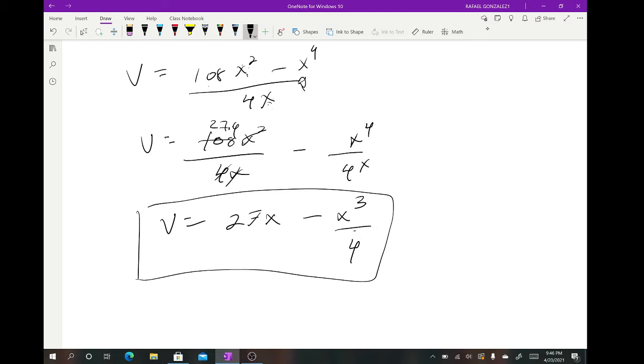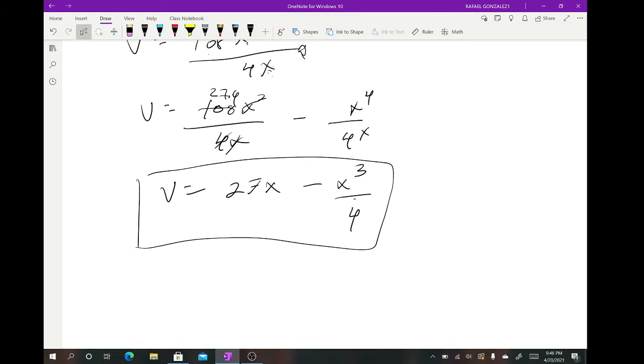And now we can start to find out what value is going to maximize or minimize the volume. But before we do that, we want to talk about the domain. So let's talk about the domain of x.